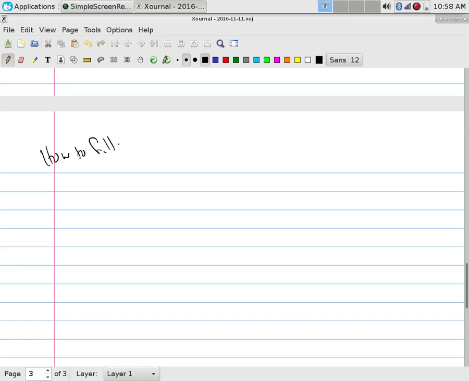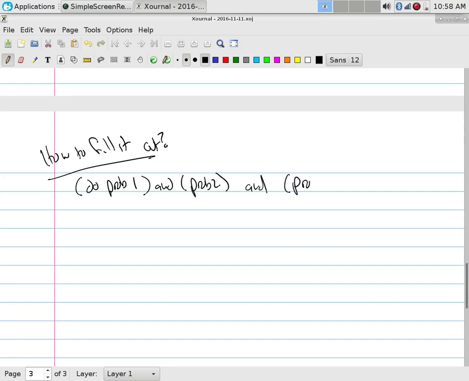How to fill it out. Now, most of the times you're not going to write this down. You would do problem 1 and problem 2 and problem 3 and so on up to problem 10, right? The word and. What is that and eventually going to be replaced by? Which rule?